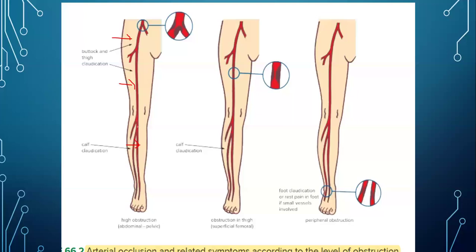So pain will be distal to the arterial obstruction. If someone has an obstruction in the thigh, which is a superficial femoral artery obstruction, the pain will be in the lower leg. Okay, so it always depends on where exactly the obstruction is, and distal to that obstruction, the patient will get the pain.